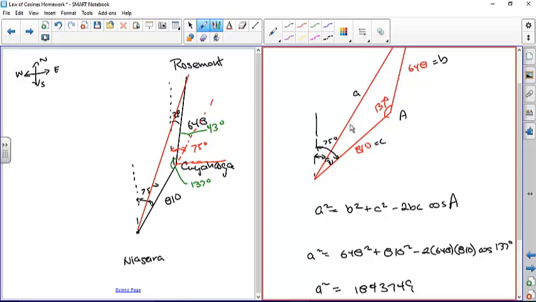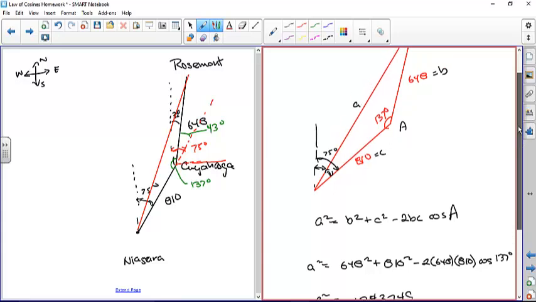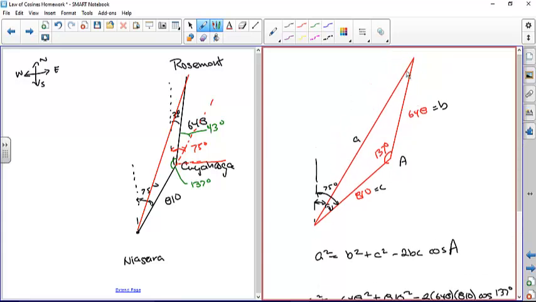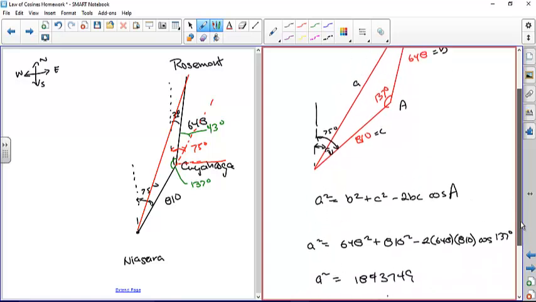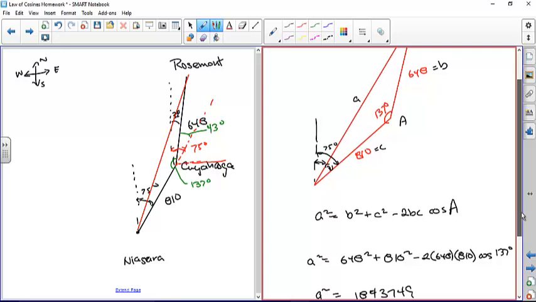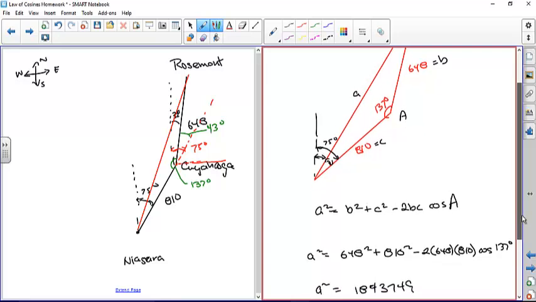That'll give me the bearing for this line between Rosemont and Niagara. So I can use either the law of cosines or the law of sines in this case, because now I have all three lengths, so I can figure out the cosine of the angle.